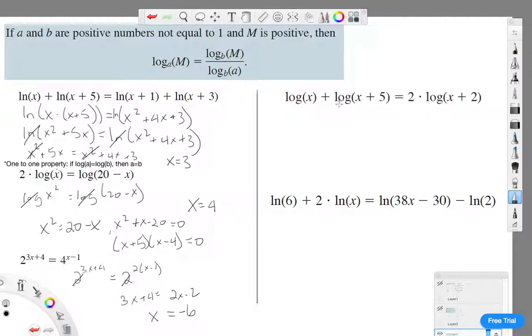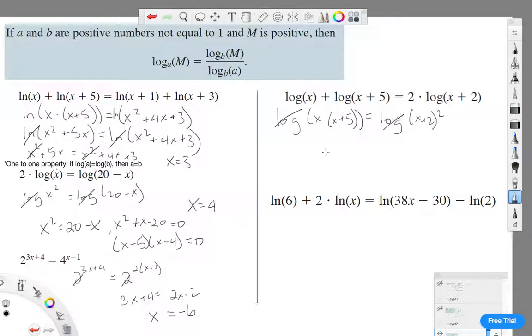Next up, log x plus... again we have our product rule here, so let's look at log x times x plus 5, very much the same as the first one, and we're going to use our power rule here, log of x plus 2 quantity squared.